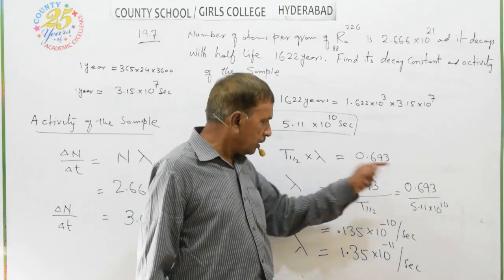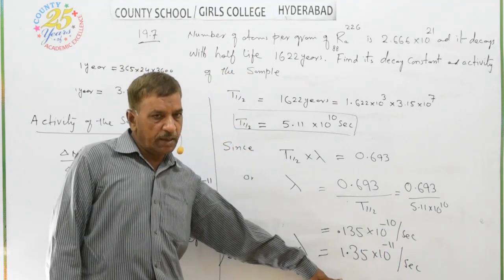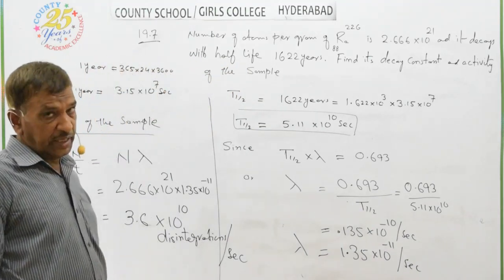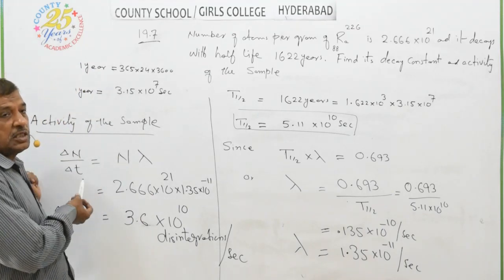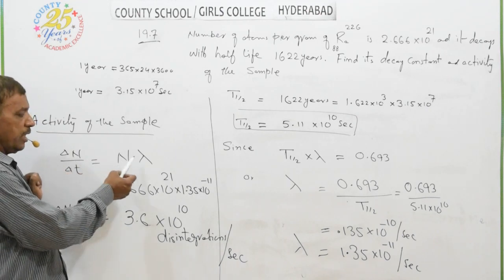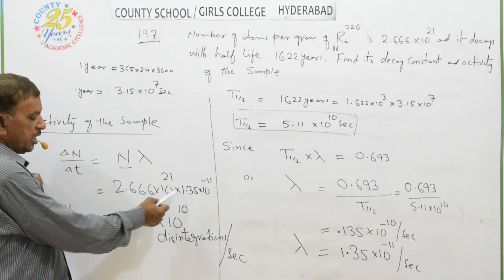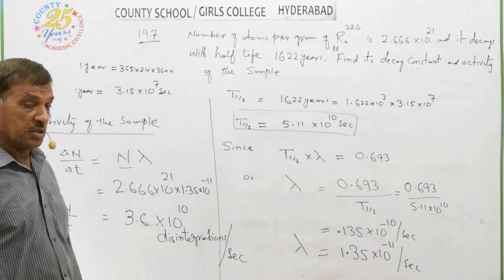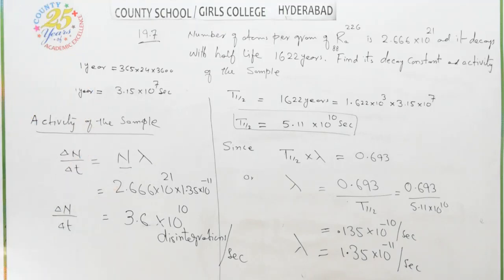So we get lambda 1.35 into 10 raised to power minus 11 per second. Similarly, we find the activity of this sample: the rate of decay is N into lambda, the number of nuclei times the decay constant. Its unit is disintegrations per second. So that is all about numerical number 19.7.